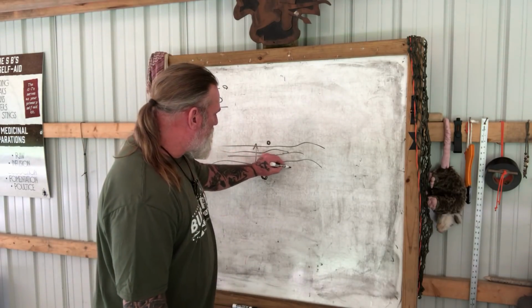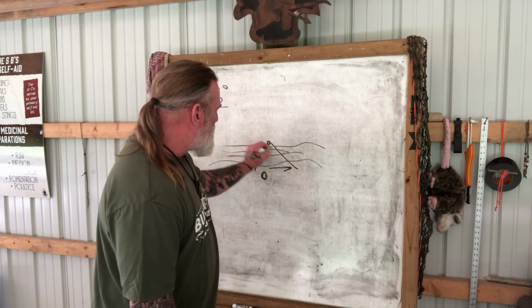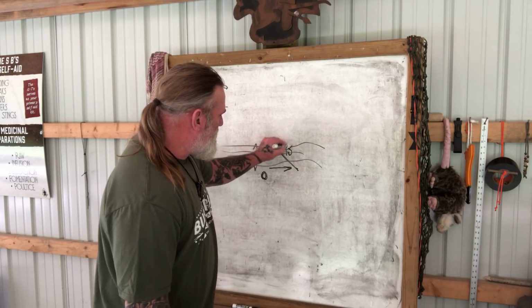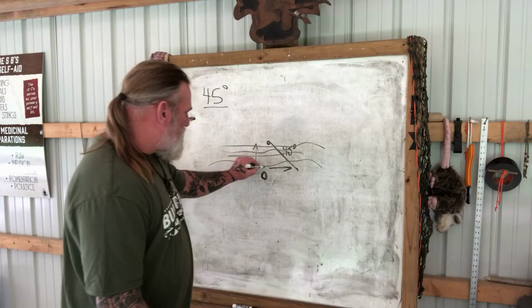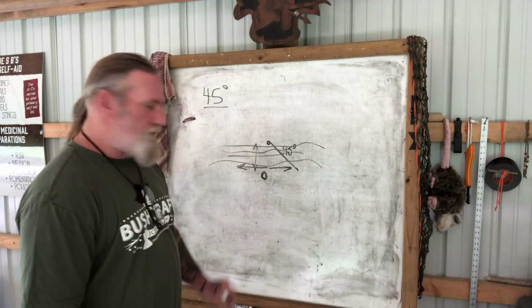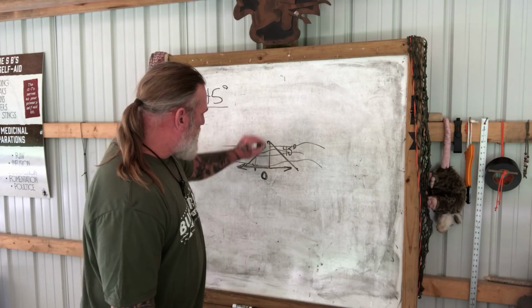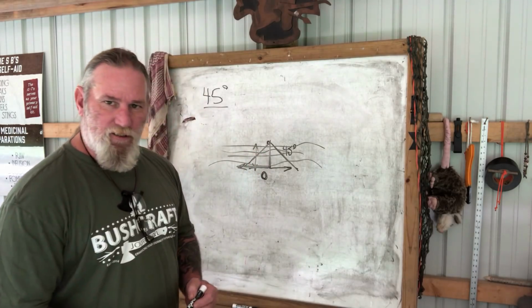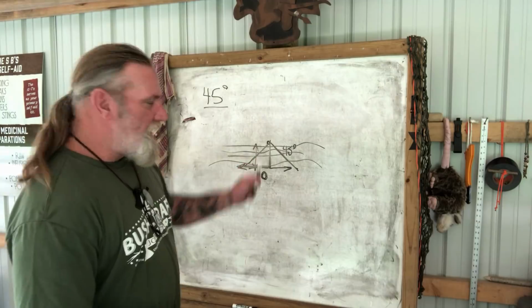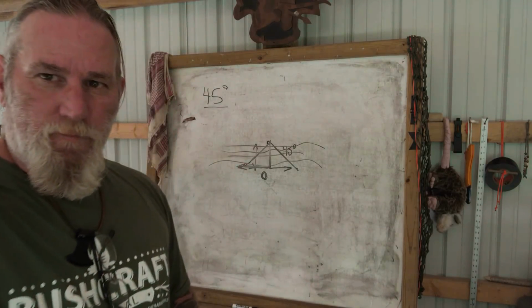And then we walk in this direction until we are 45 degrees in either direction from that azimuth. And that gives us the distance from here to here equal to the distance here, which tells us exactly how far it is across that danger area.